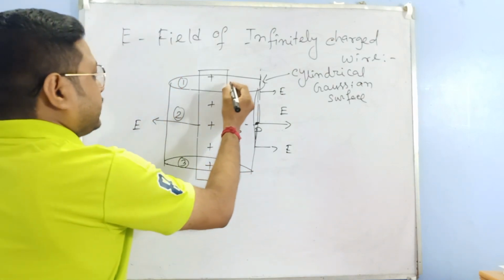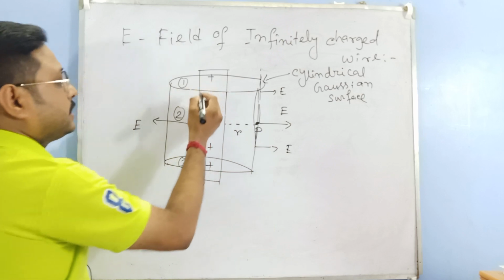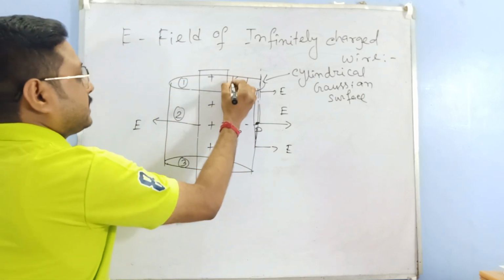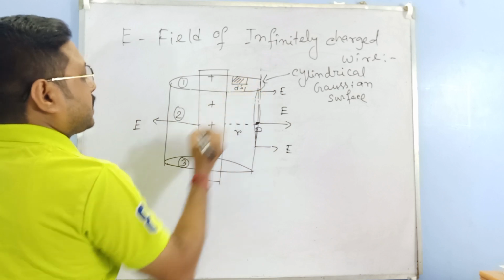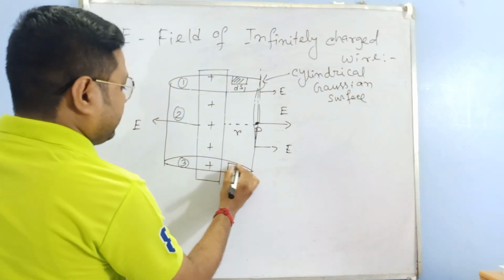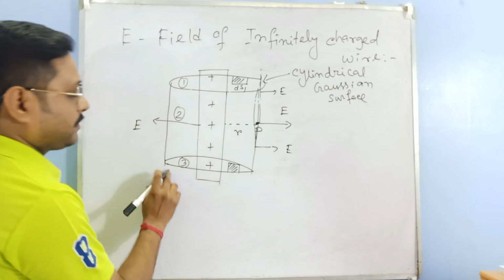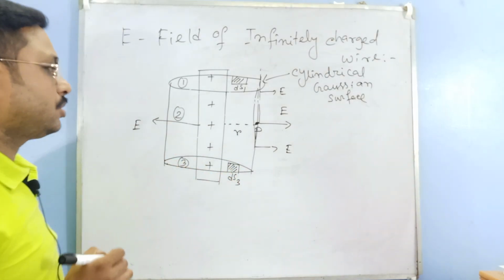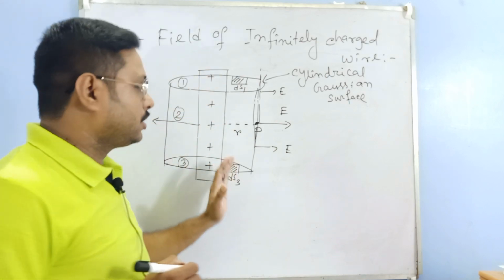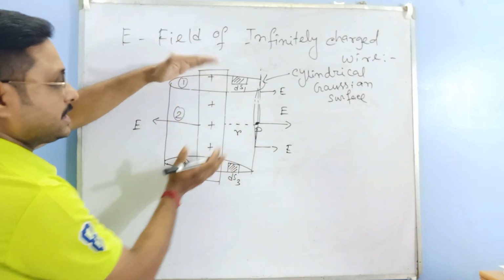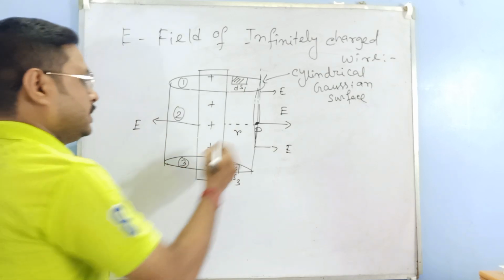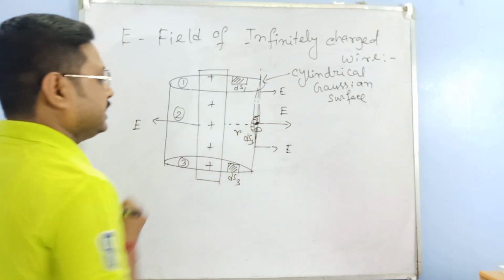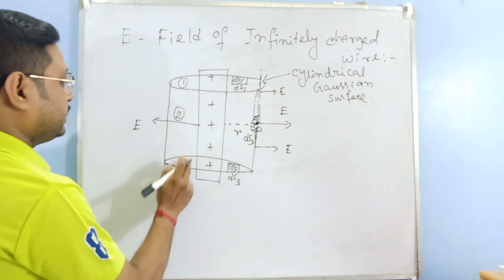Now if we take a very small element of face 1, that is dS1, and a very small element in the other end face, dS3, so it has 3 faces in total. 2 are the flat end faces and 1 is the curved face. And here also we can take a small surface, say dS2.